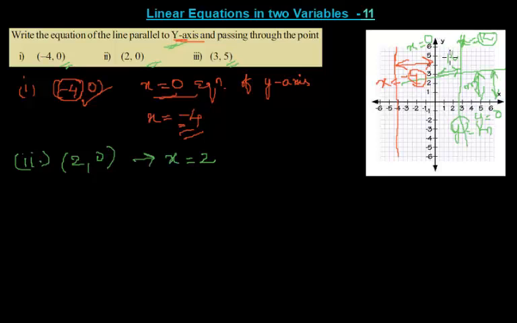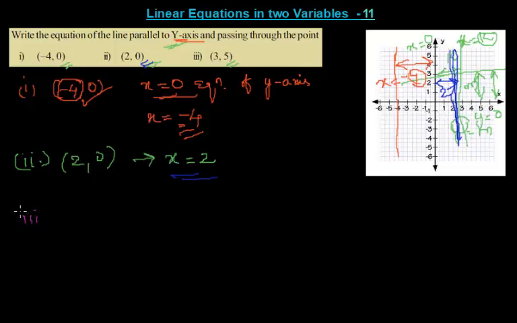Now, this will be the line which is parallel to y-axis and at a distance of 2 units to its right. So it is positive. x is equal to 2 is the equation of line which is parallel to y-axis and passing through the point 2, 0.